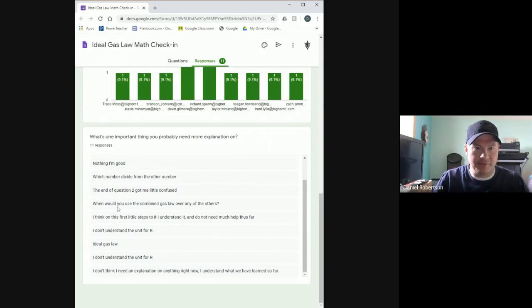Here's a pretty good one. When would you use the combined gas law over any of the others? Combined gas law is really the one that I use anyway. If I'm not using PV=nRT, I am only going to use the combined gas law.